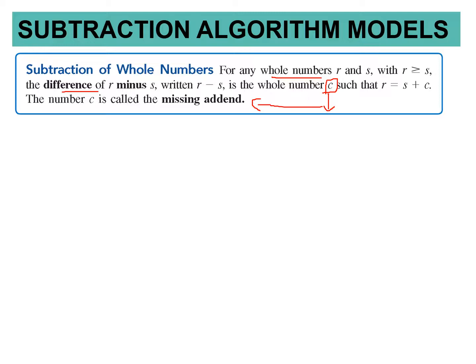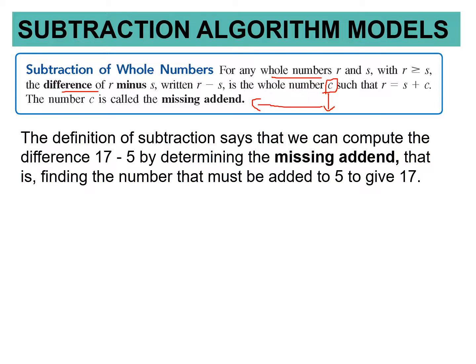Okay, now in a subtraction problem, let's look at one here. 17 minus 5, okay? When we do 17 minus 5, this number is called the subtrahend. And again, I'm writing this with my mouse, so you'll have to forgive my handwriting. Okay.